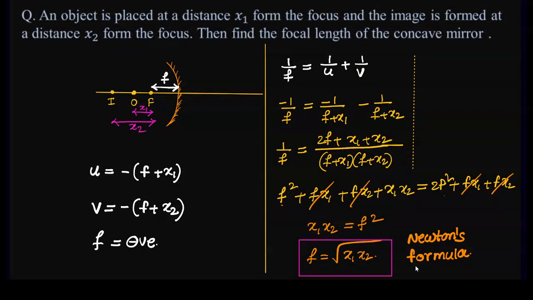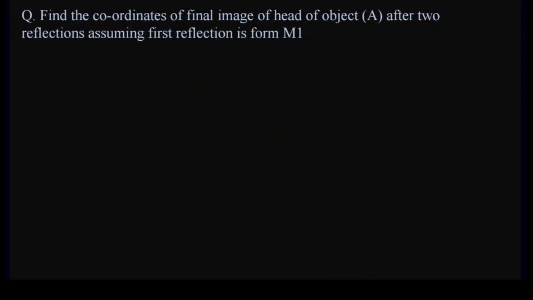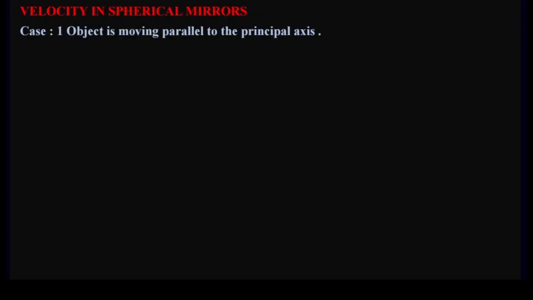So, understood this concept? A single mirror we have seen, plane, and two mirror combinations also we have seen. Now we'll move to the next one, velocities, and we'll talk about the velocities in spherical mirrors.